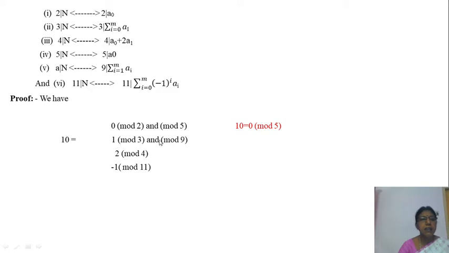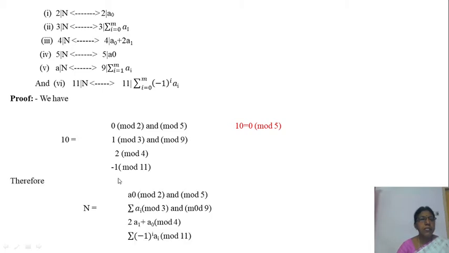That is 9. 9 divides 9, no doubt. 10 congruent 2 mod 4 means 4 divides 10 minus 2. You write each line separately with 10 congruent. Now, 10 congruent minus 1 mod 11 means 11 divides 10 minus of minus 1, which is 11. 11 divides 11. Okay?